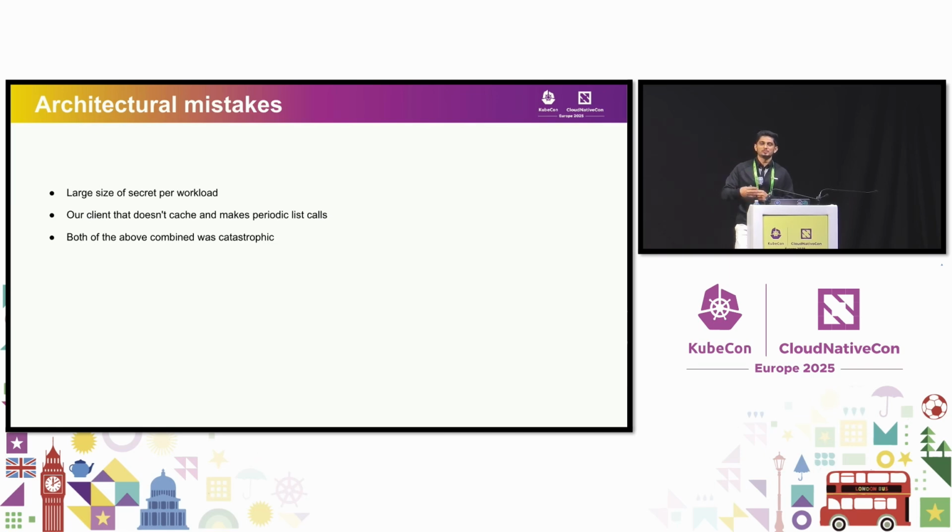So both of these mistakes combined caused a lot of challenges. And all of these fine-tuning techniques that were discussed in this presentation helped us live with these challenges for a sustained amount of time. So big shout out to the Kubernetes community for having such a robust ecosystem where these kinds of techniques can be found and implemented in an easy way.